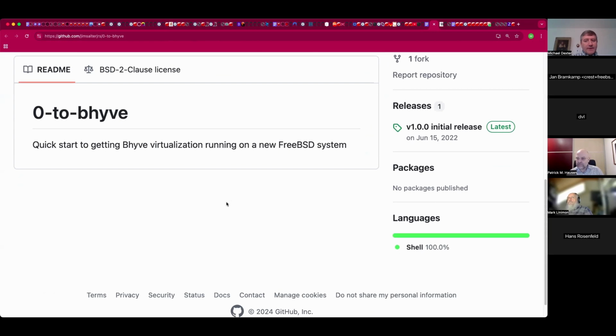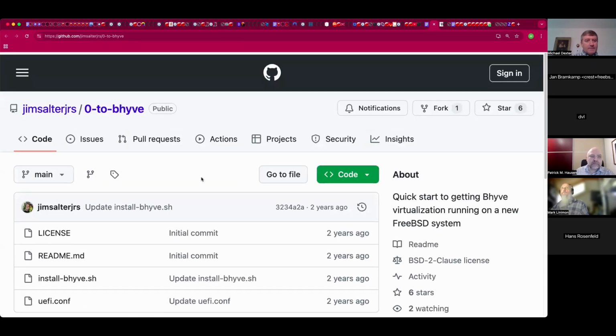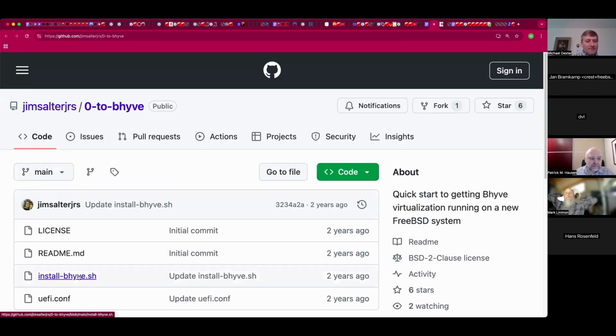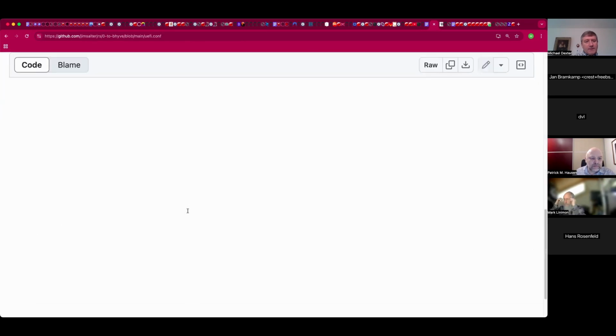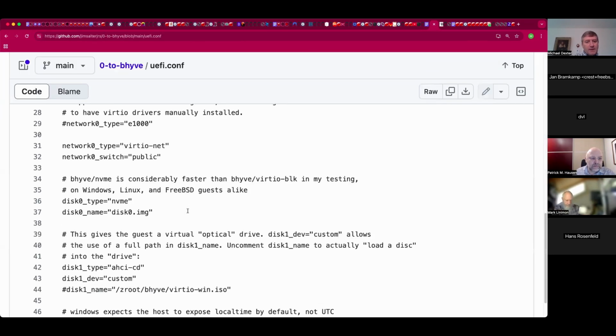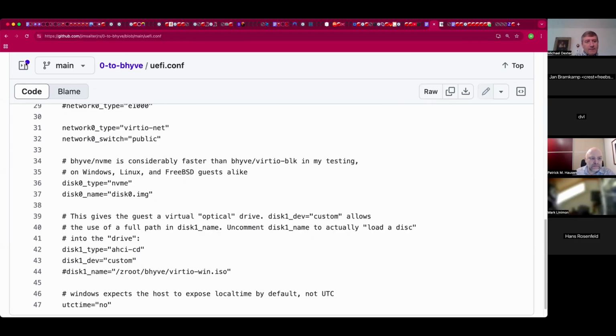Yes, I sense a rite of passage to UEFI.conf. Do we know if that's using the new vm-bhyve native format or is it something he generated? There we go. Yeah, that looks like something he probably just sources and pulls in those variables.